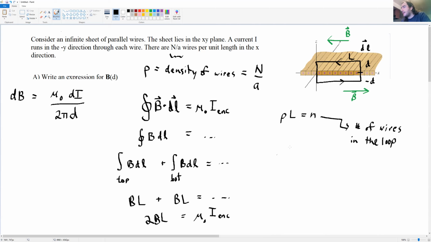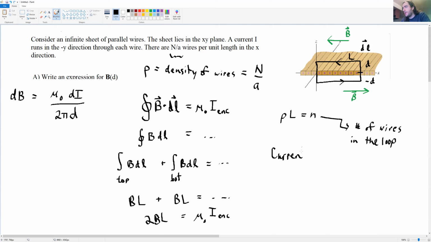So I guess we could say that the current per wire, let's just write it out first.